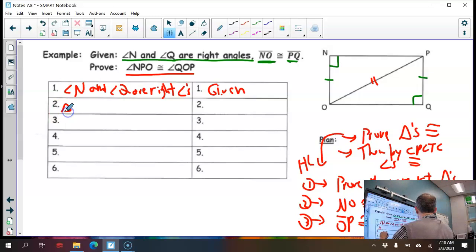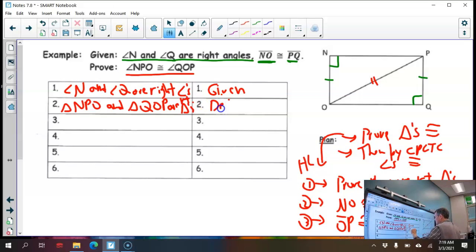Therefore, triangle NPO and triangle QOP, you'll notice I kind of put those in corresponding order, are right triangles. And that is just by the definition of a right triangle. It has a right angle in it. So there is mini proof number 1. I have proven the first thing I need to prove to use hypotenuse leg.